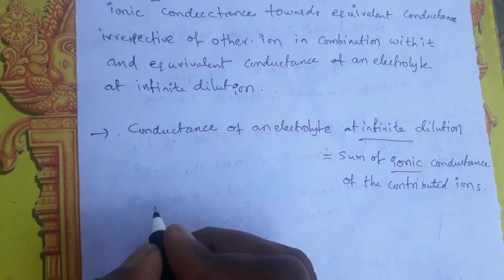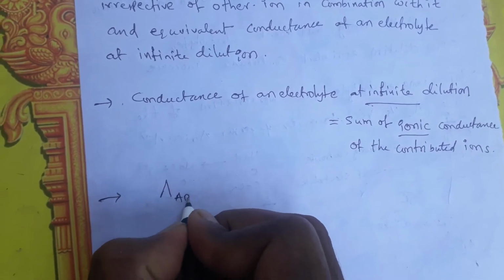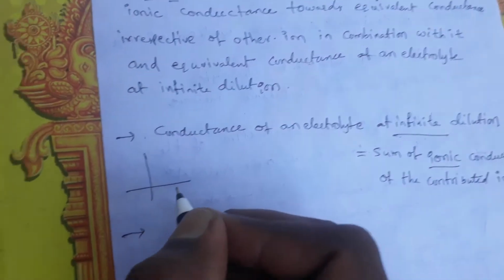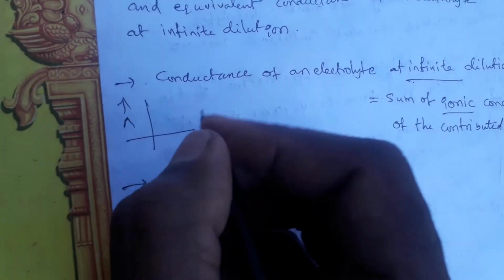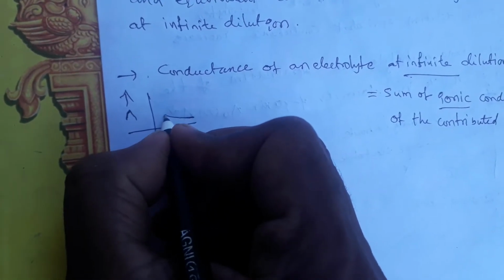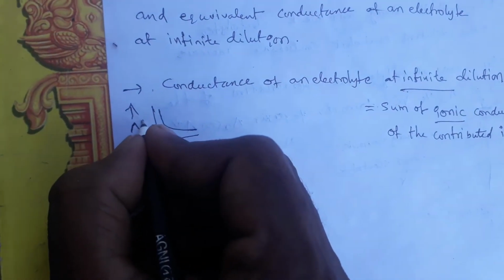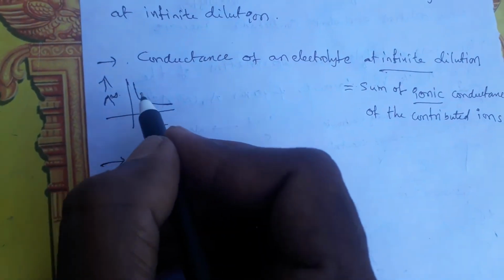That means if I want to calculate the conductance of electrolyte AB at infinite dilution, then, as I told you, for weak electrolytes, if you draw the plot against root C, upon decreasing the concentration this conductance increases.